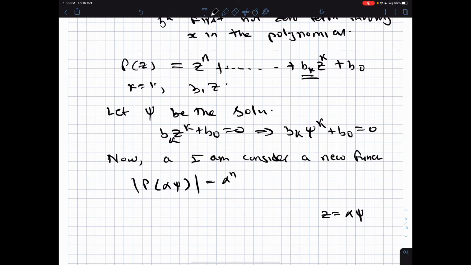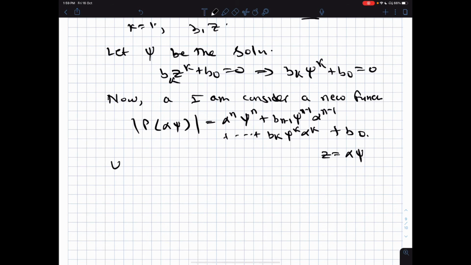Alpha to the power n, psi to the power n, plus b_(n-1) psi to the power n minus 1, alpha to the power of n minus 1, and so on up to b_k psi to the power k, alpha to the power of k, plus b naught. And psi is a fixed thing. It's the solution of this equation.